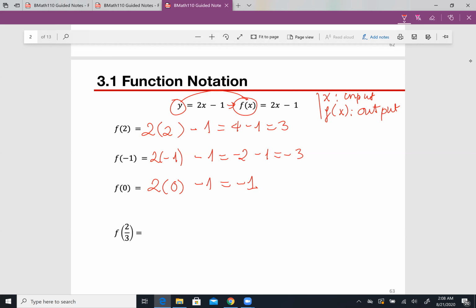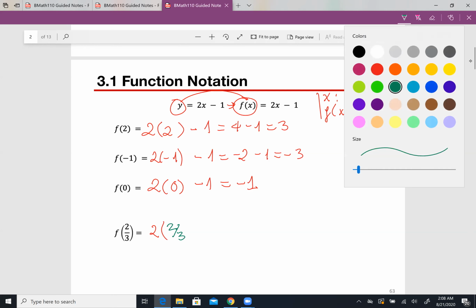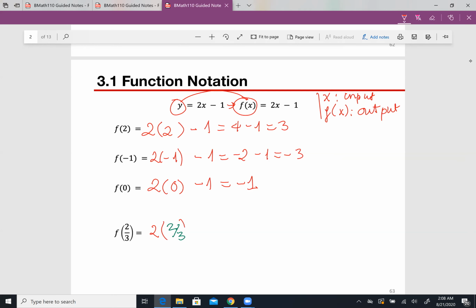What about f of 2/3? In this case, the input becomes 2/3. So I have 2 times 2/3 minus 1.